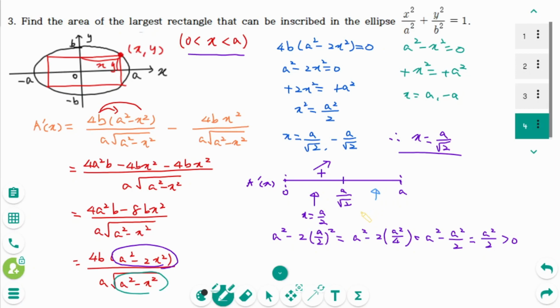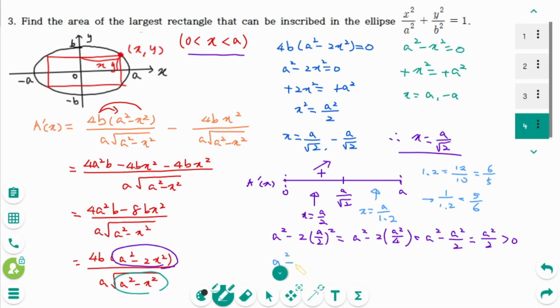When the testing number is a over 1.2, 1.2 is 12 over 10. We can rewrite as 6 over 5. That means 1 over 1.2 is upside down, 5 over 6.